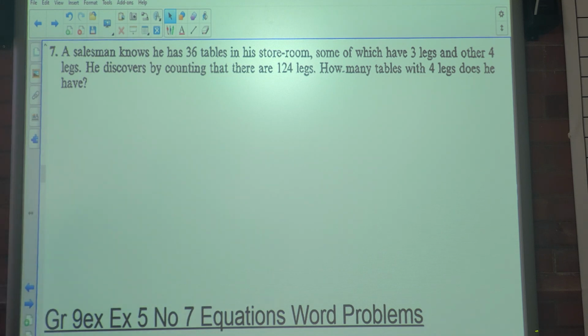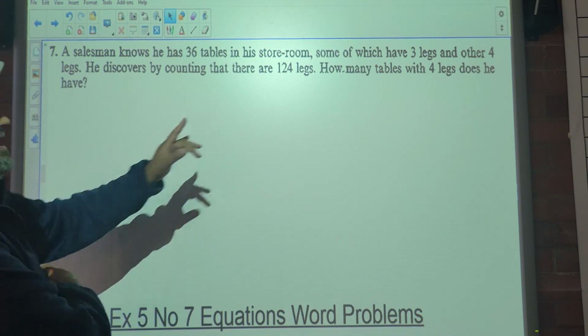Okay, so some is your table with 3 legs and some has 4 legs. He discovers by counting that there are 124 legs. How many tables with 4 legs does he have? What's wrong with this salesman? You must start something.